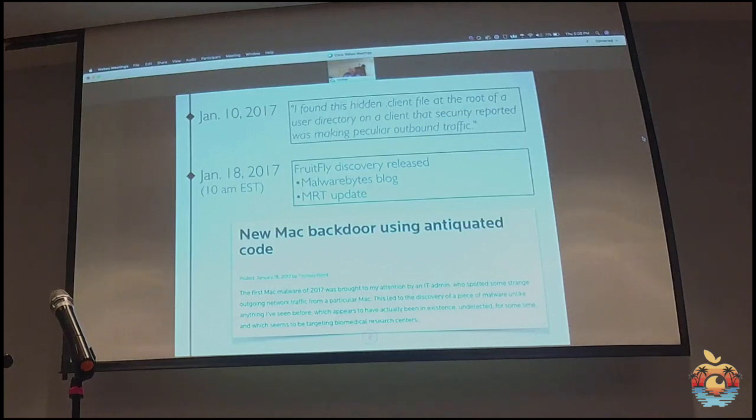So we agreed that we'd publish on January 18th, and at 10 a.m. we published our blog. The same day, there was also an MRT update that began detecting this malware via Apple's malware removal.